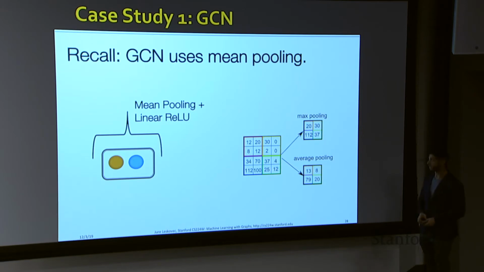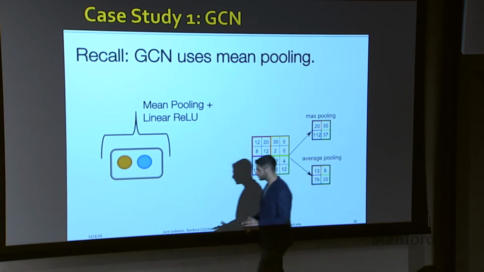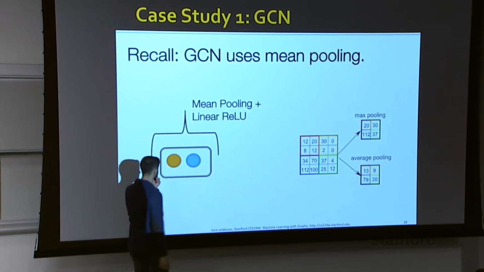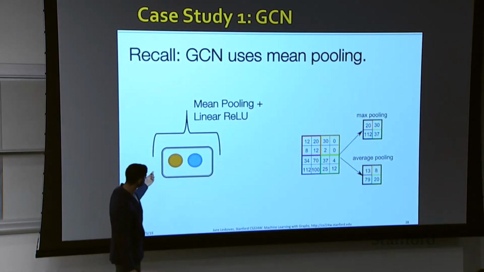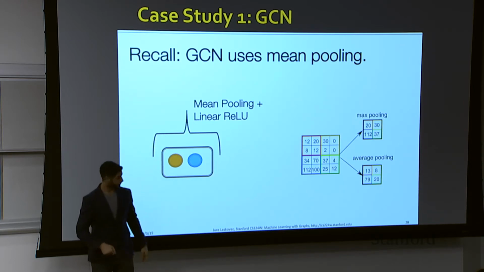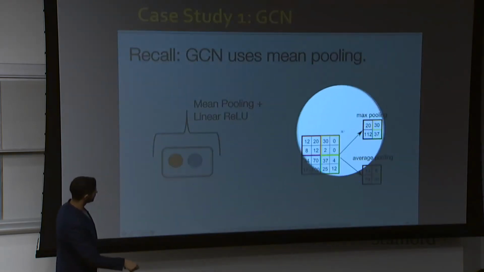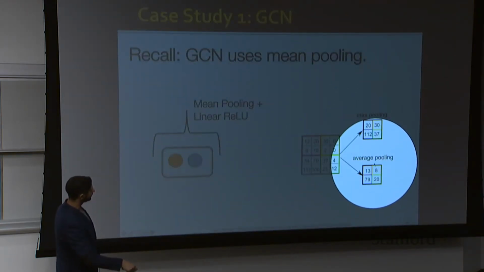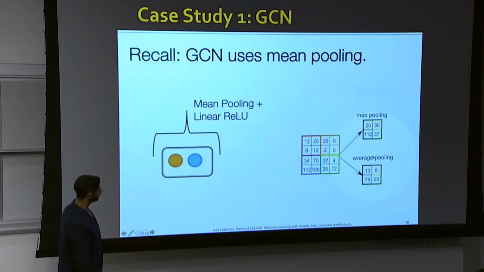So first case study, GCNs. As I said at the beginning, the way in which a GCN performs the aggregation is the following. There is a linear combination, there is an activation function, and then it performs mean pooling among the features. Just as a reminder, this is how max pooling and mean pooling behave.